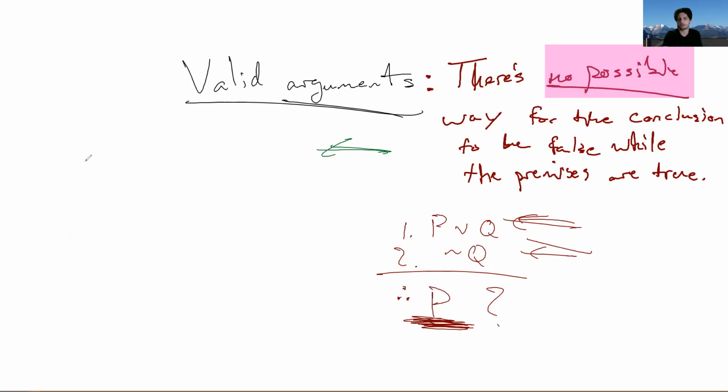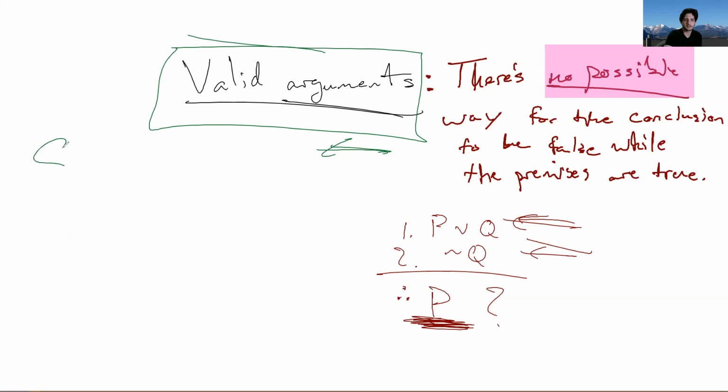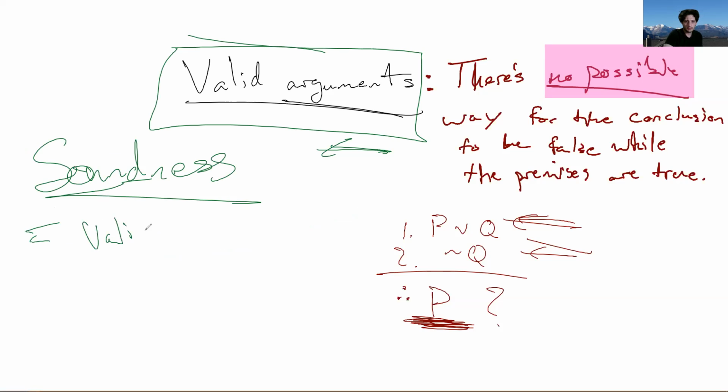How is that supposed to teach me how to reason better? But the point is to separate the notion of validity, what we just looked at, from the notion of soundness. And soundness is just validity plus truth.